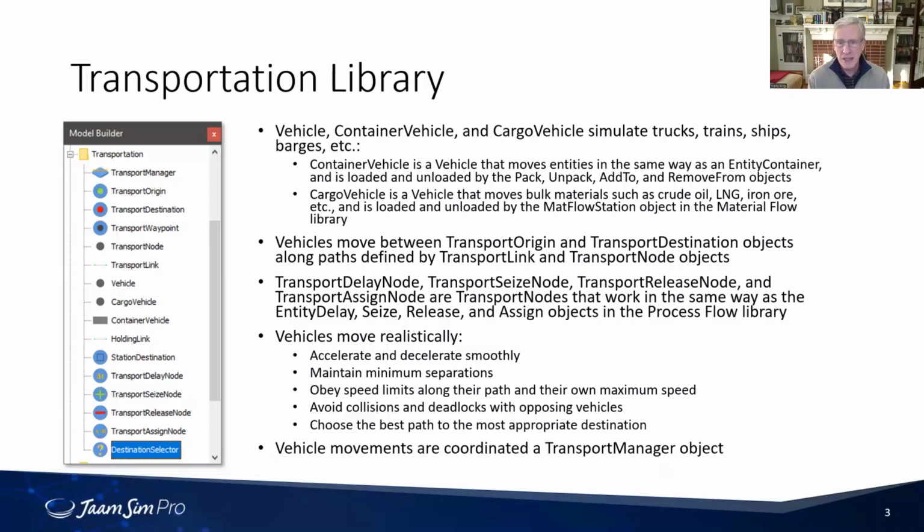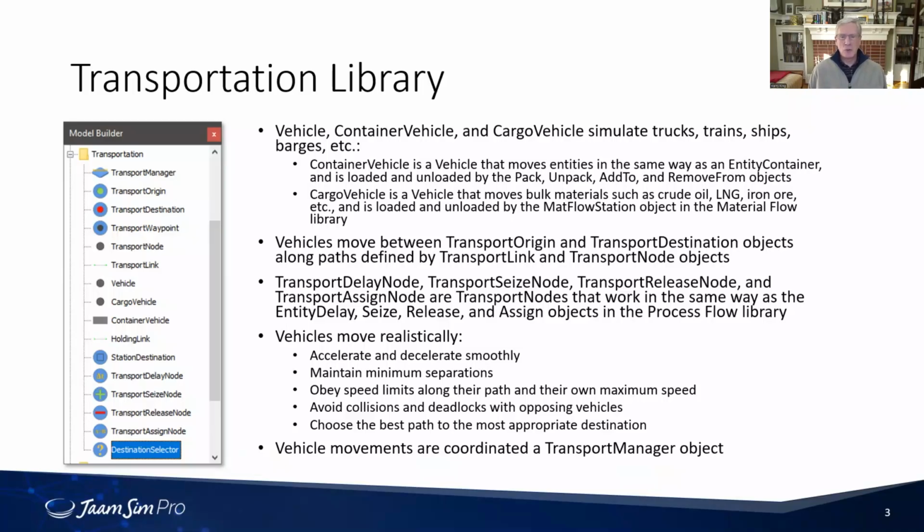And it's loaded and unloaded by the usual objects from the process flow library: pack, unpack, add to, and remove from. The cargo vehicle is a vehicle that carries bulk material, such as crude oil, LNG, iron ore, and so on. And it's loaded and unloaded by objects in the material flow library. We'll talk about that in just a minute.